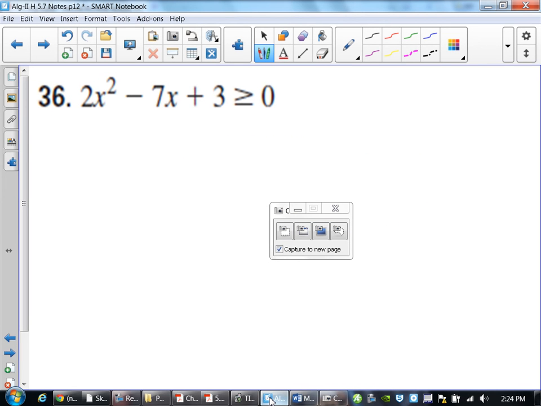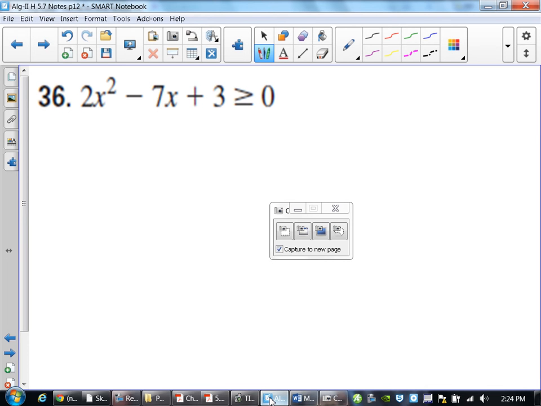If I look at this one, 2x squared minus 7x plus 3, from what it's written, it's asking where this graph is above 0, or including 0. So in this case, I solve it and look for that boundary region.